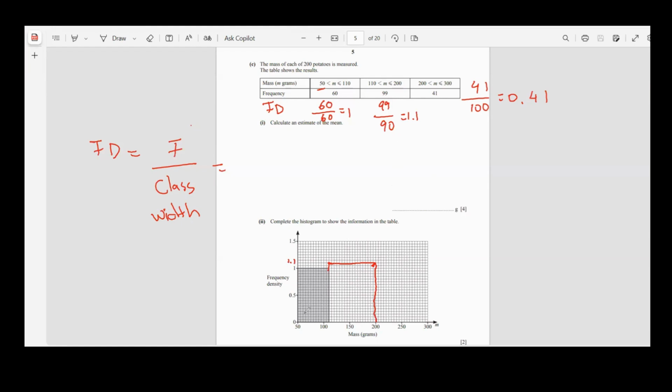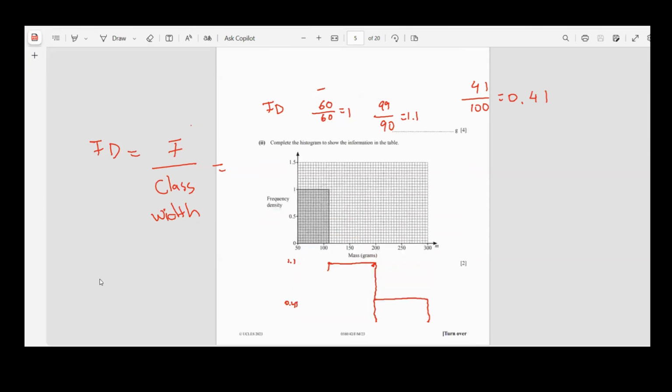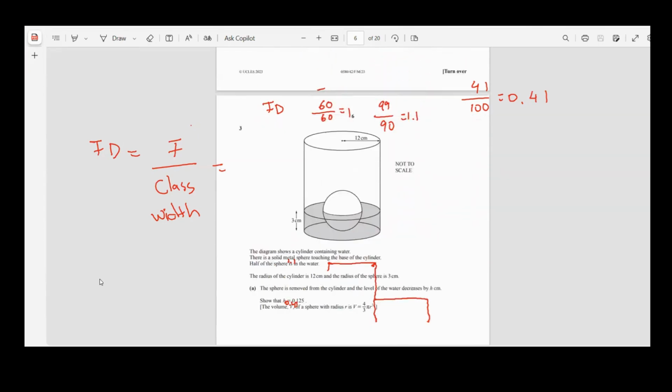And then 0.41, let us say it's around here, from 200 until 300. So it should be like this. So this is the histogram. Okay, that's for number 2.